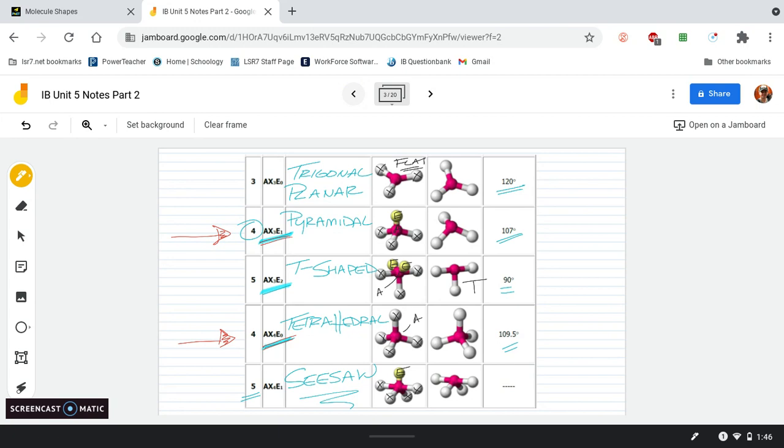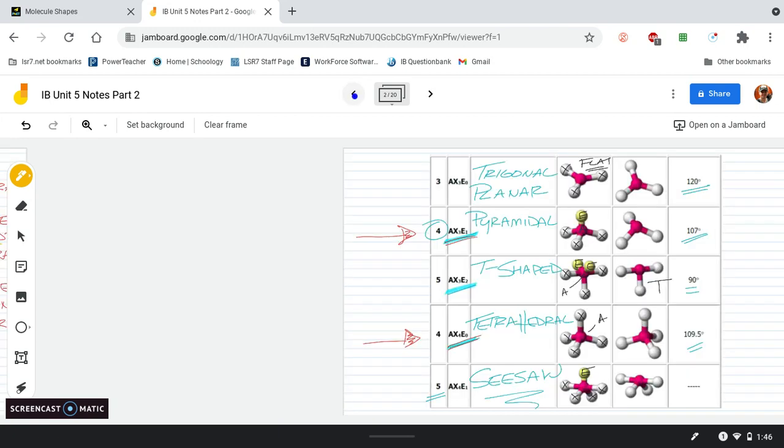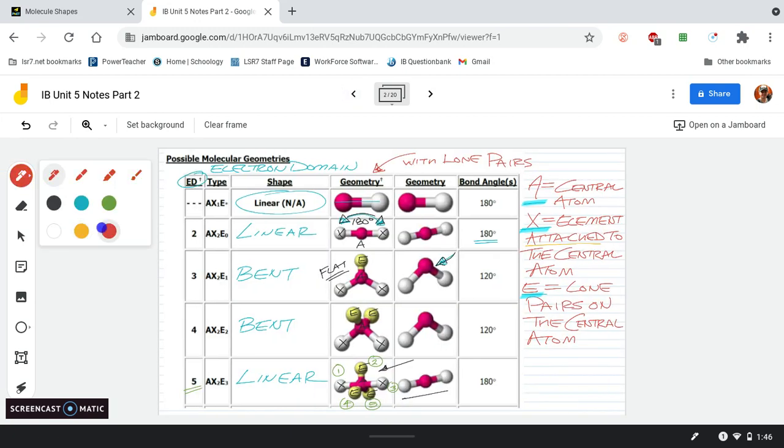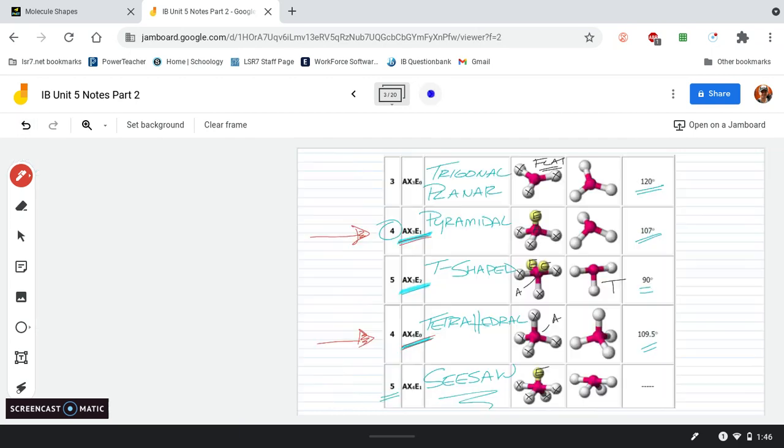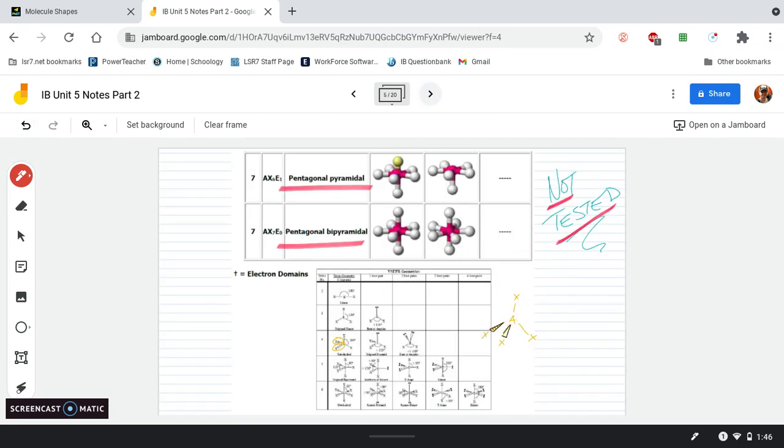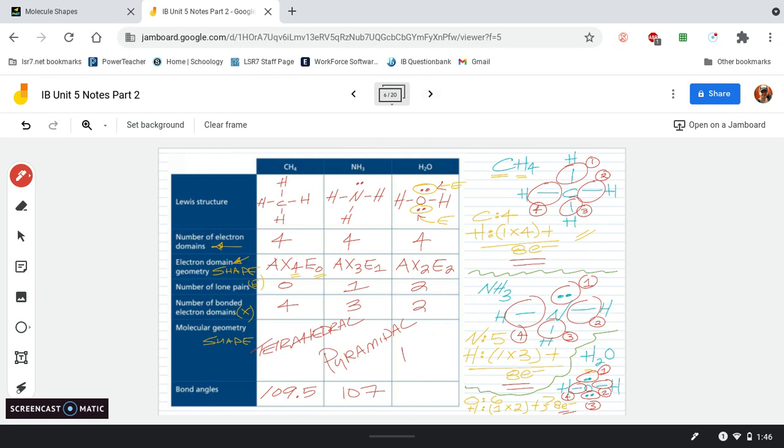And we're going to have to go back to the very first page. AX2E2, right there, bent. So that's a bent molecule. So we go forward, and it's bent.